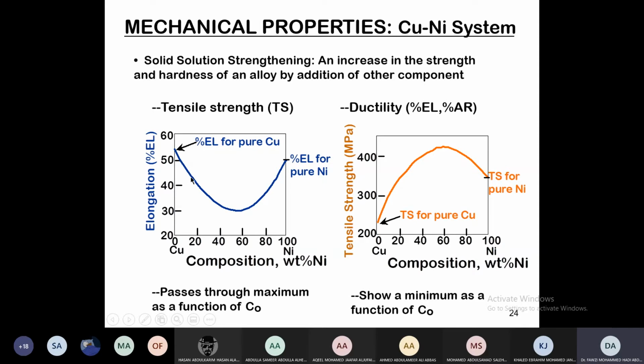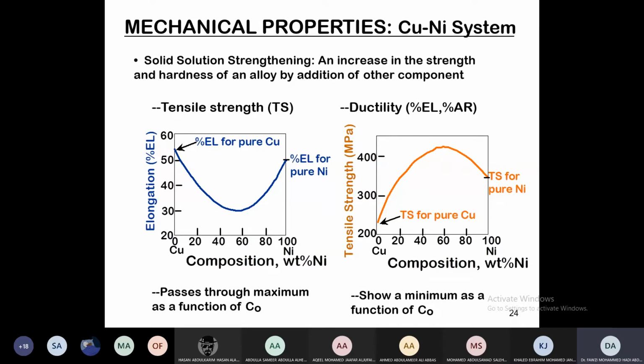But in some clients' requirements for material, for example, they would want more strength. As you can see, the curve was going like that. You would want more strength to get there, but you would know how much ductility you will be losing from there.